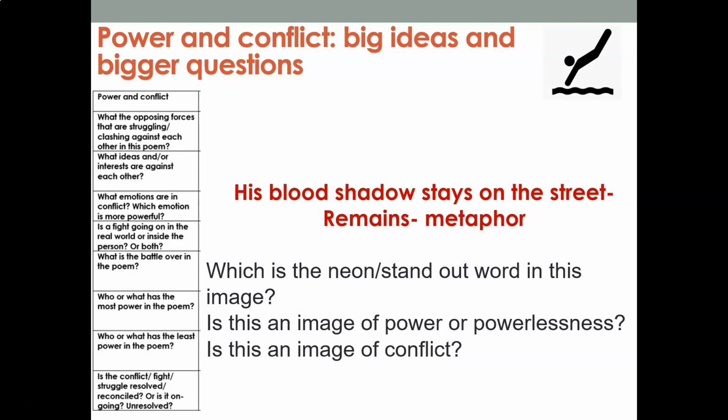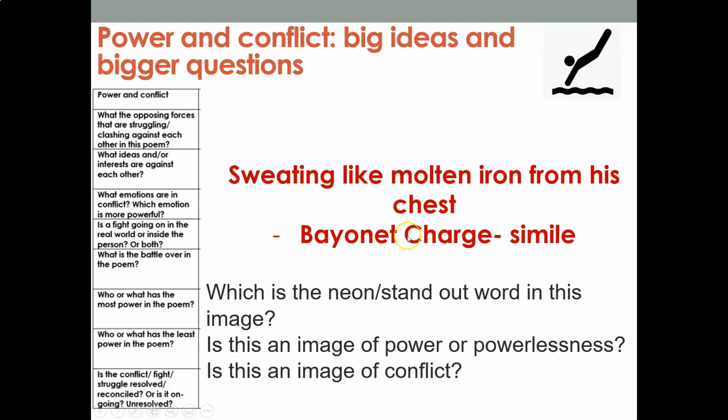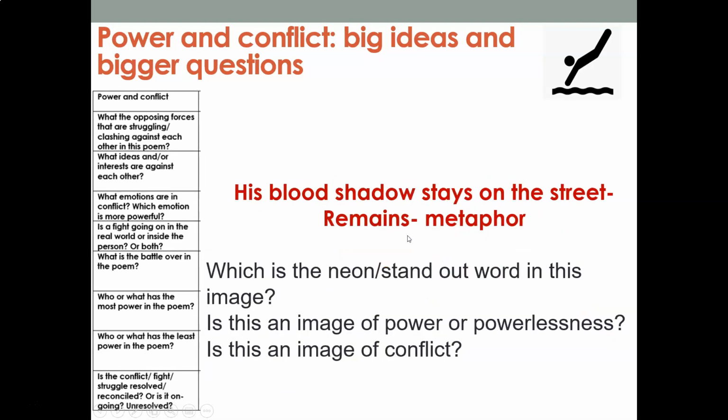So, now we're thinking out loud on paper, which means we don't have to write full, big, developed sentences, but we might say this is an image of power, powerlessness, because this is a conflict. Our writer is in conflict. So, conflict. What's the soldier fighting against in this poem?